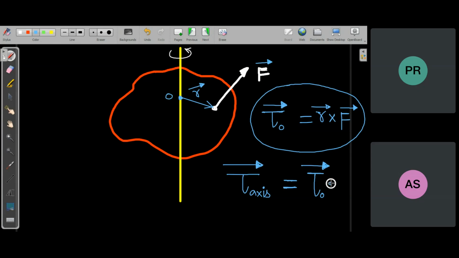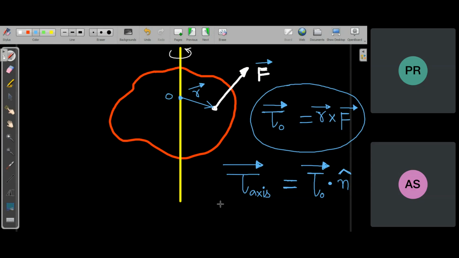So you simply do the dot product of this torque vector about point O with n cap, where n cap is a unit vector along the axis. So you can write here n cap is a unit vector along the axis.